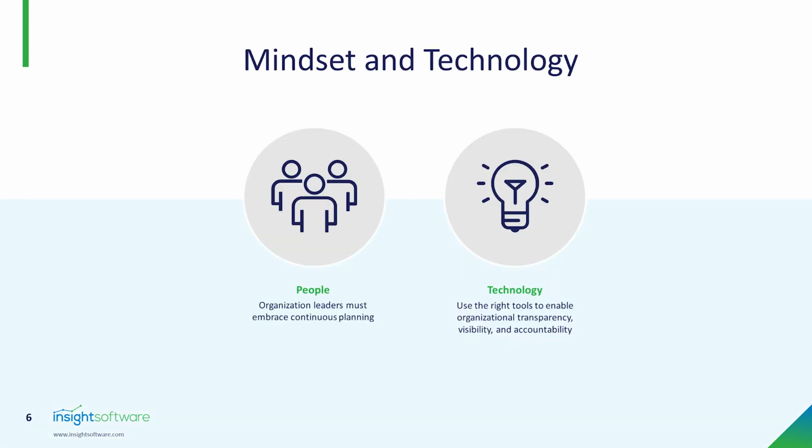Now, there are two overarching important things to consider here. One is people. The organization must embrace the move to continuous planning. It's got to happen at board or CEO level. The projects I've seen fail do not have buy-in, are not driven by the CEO and the board. So that's number one.